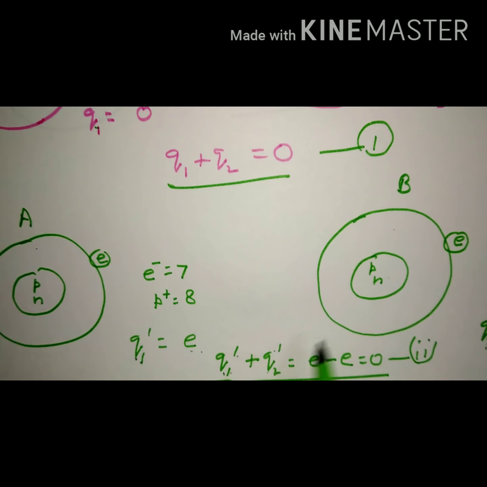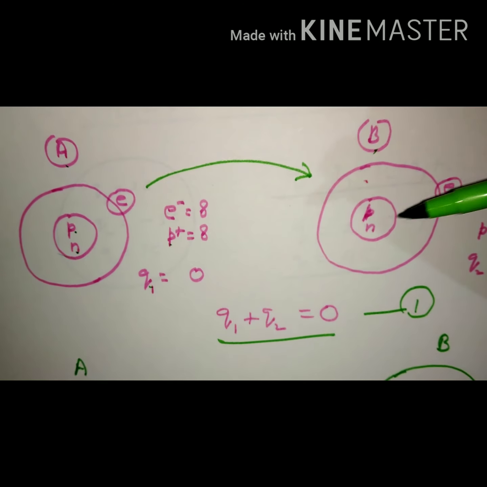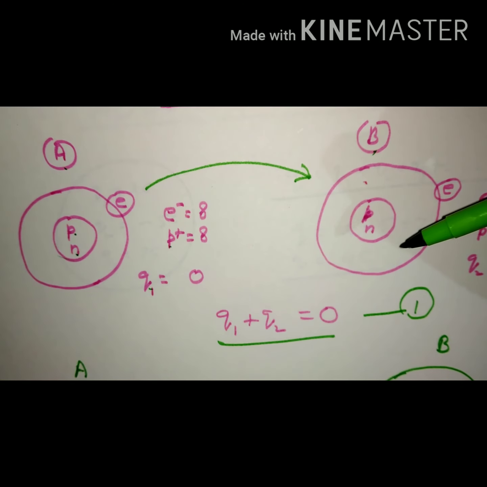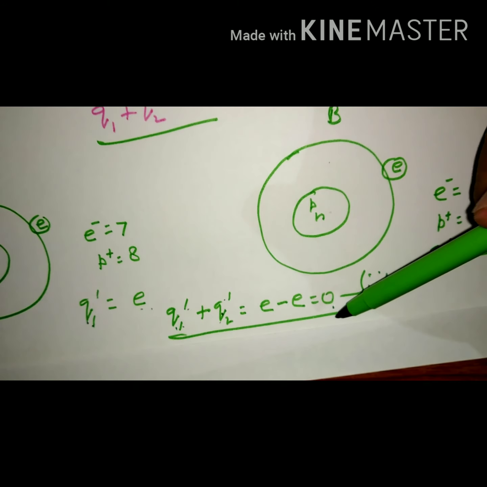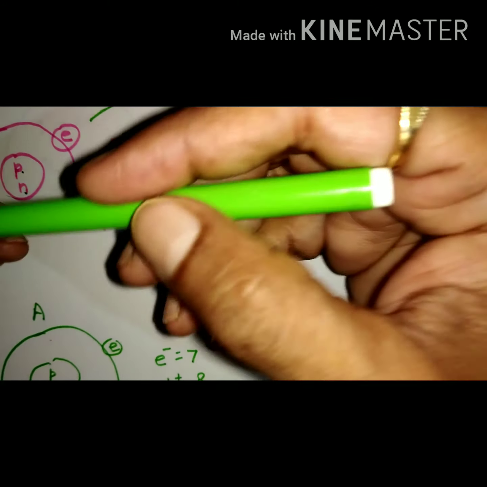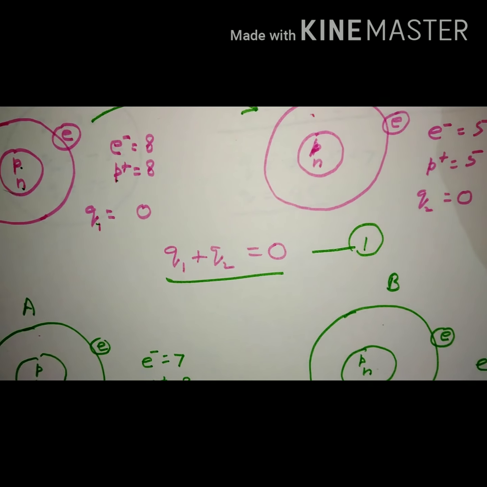Now taking A and B both as a system, we see that Q1 dash plus Q2 dash, meaning charge on body A plus charge on body B after transfer of electron or after charging, is again 0. It means in a system of A and B, the initial charge is 0 and the final charge is 0. It refers that charges on a system, on a body, always conserve.